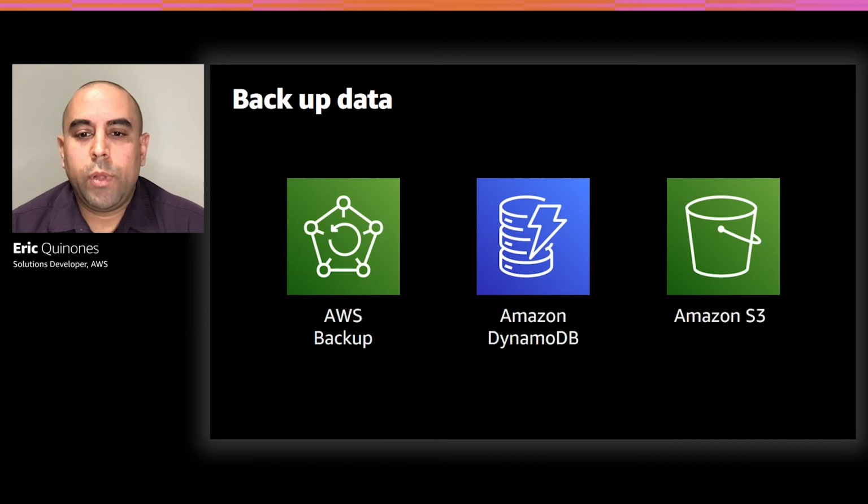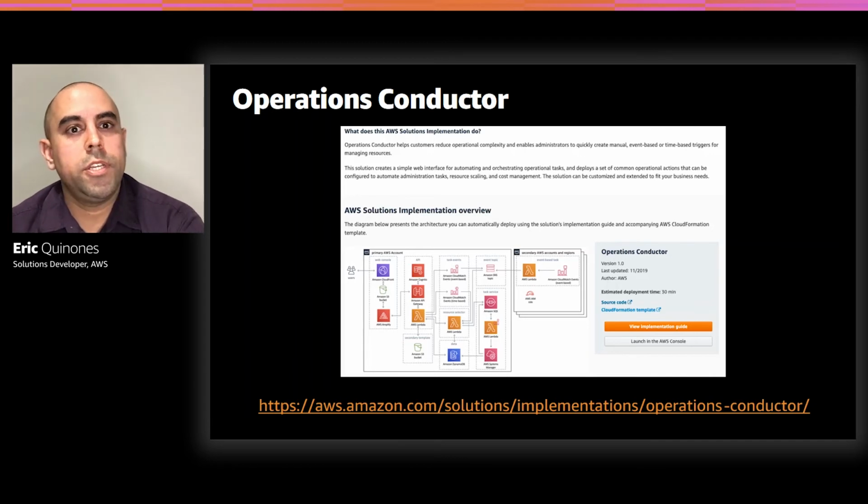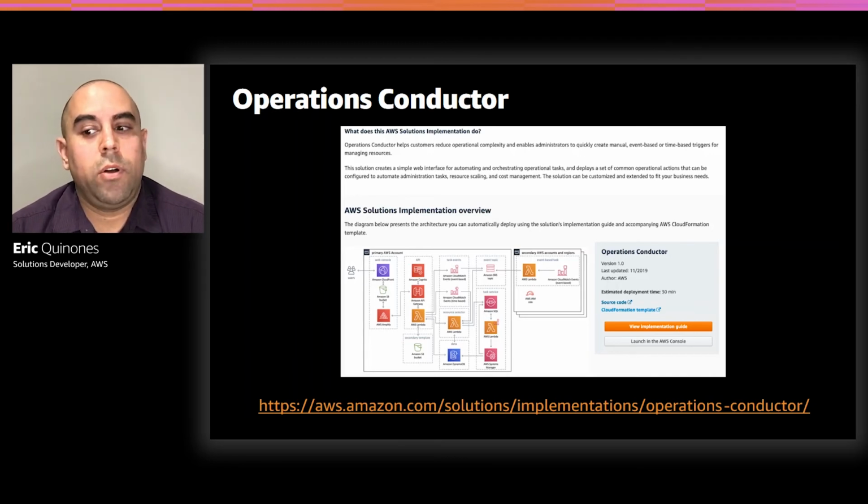And then really quickly, I wanted to highlight a couple of AWS solutions that are publicly available. You can deploy them in your account, and the source code is available. These might help in disaster recovery architecting. The first is Operations Conductor. Operations Conductor allows you to configure cross-region or cross-account resource management automation.